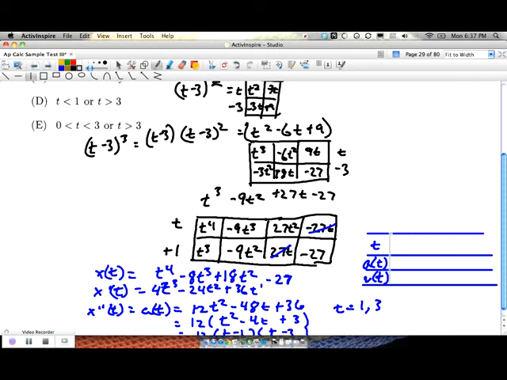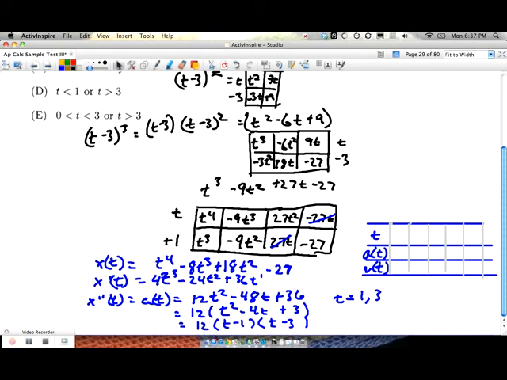We need to check at 1 and on either side, and we also need to check before. So we got a 1 going here, a 3 going here. So we need 5 boxes. There we go. So we have a 1 and a 3. Let's check 0, 2, and 4.